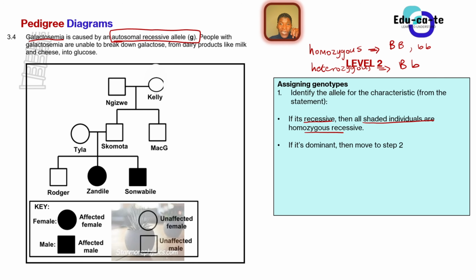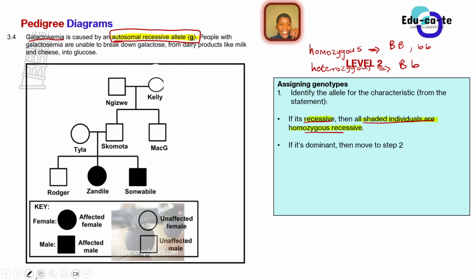Is it dominant or recessive? So if you find out that the allele causing the condition, the allele for the characteristic that is present in this pedigree diagram, is a recessive allele, then all the shaded individuals, you must make them homozygous recessive.